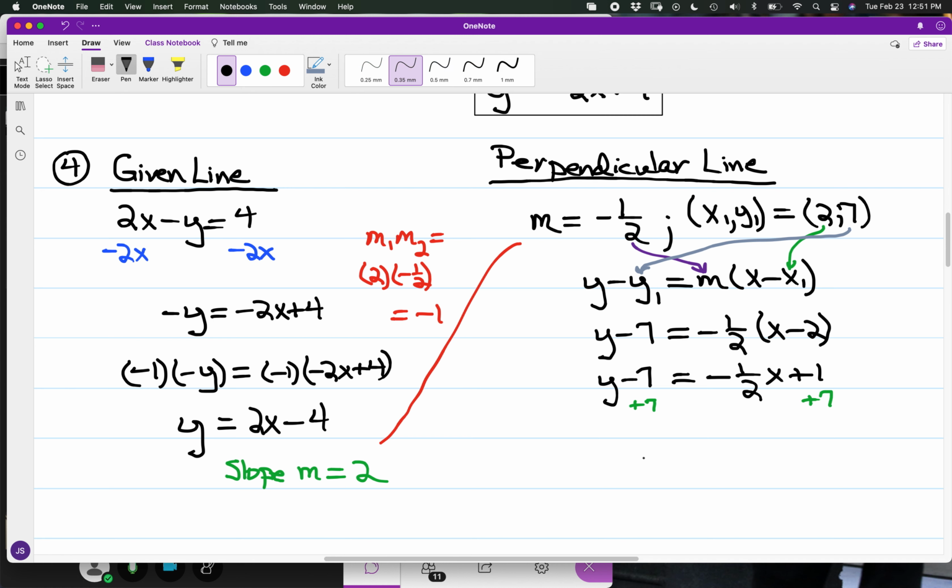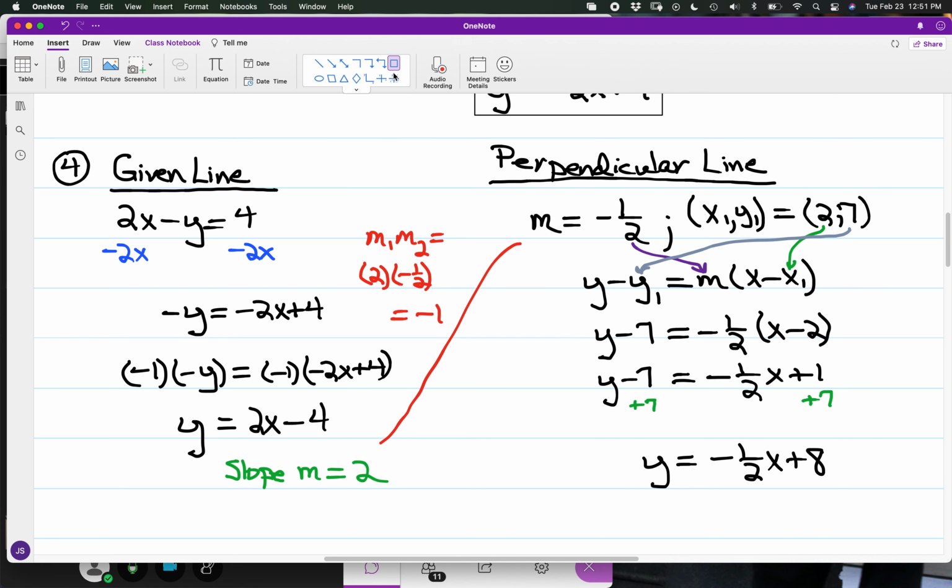And so we're going to have here that y is equal to -1/2 of x plus 8. All right, and you can go back and check.